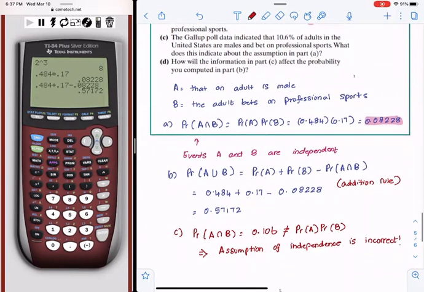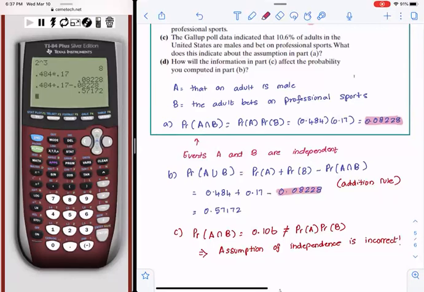So part D, how the information in part C affect the probability we computed in part B. So if you notice, that was the probability that we computed from part A. That's about 8%.